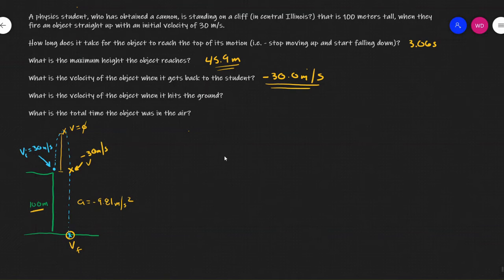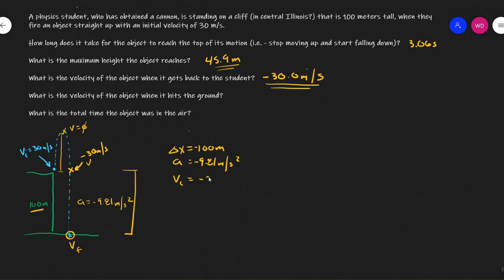So let's write down everything we know. The displacement at that point is 100 meters, and it's down, so negative 100 meters. Acceleration is minus 9.81 meters per second squared. And we know its initial velocity, because I'm just looking at this region right here. I have a velocity at the beginning and I'm looking for the velocity at the end.